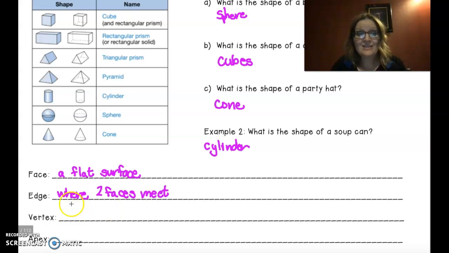And our vertex, if you remember when we were talking about cubes and cylinders, if you look at this little rectangular prism up here, right here is the vertex. And the vertex is the vocabulary word that we use when we were describing when three or more edges meet together.